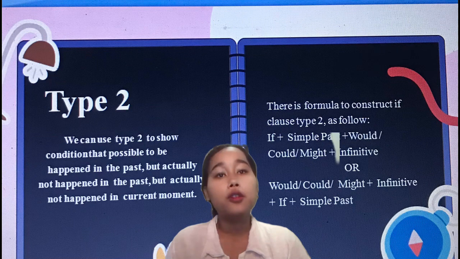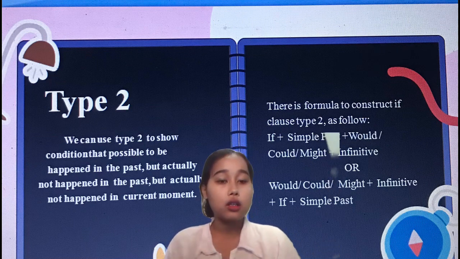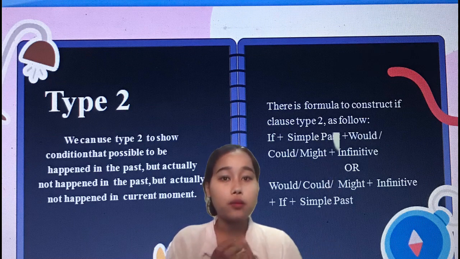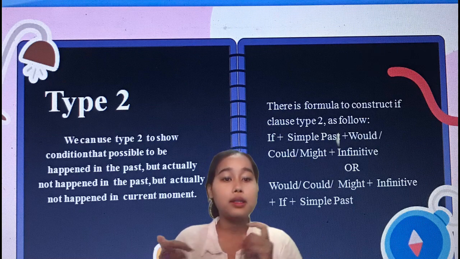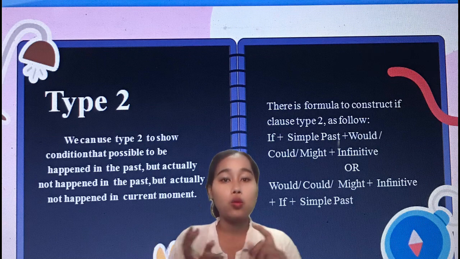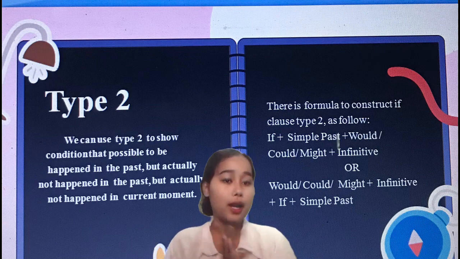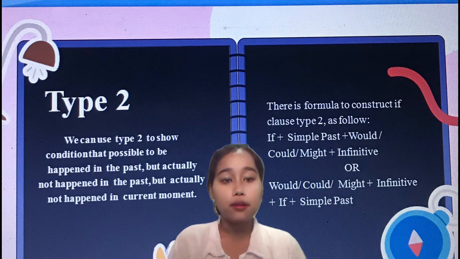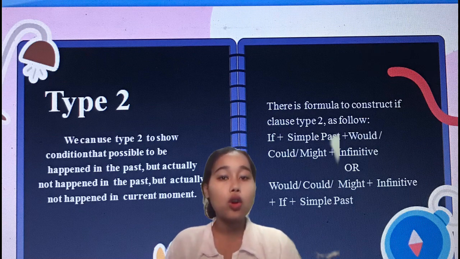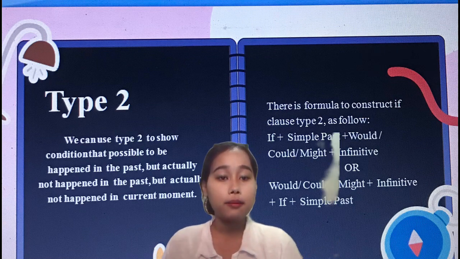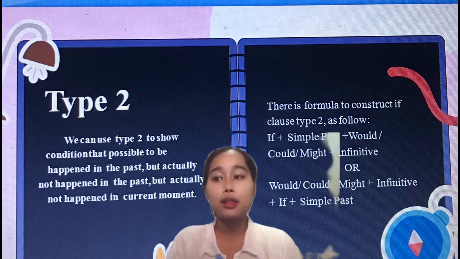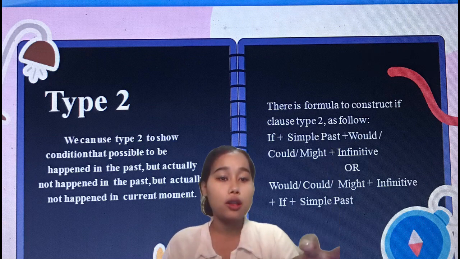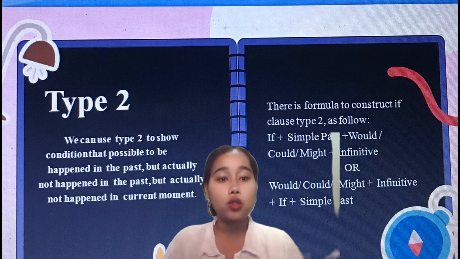So there is a formula to construct a conditional sentence type 2: if plus simple past plus would or could or might plus infinitive, or would or could or might plus infinitive plus if plus simple past. So the example of conditional sentence type 2.